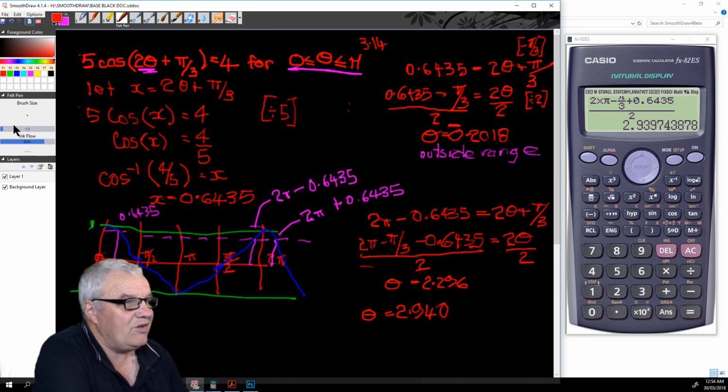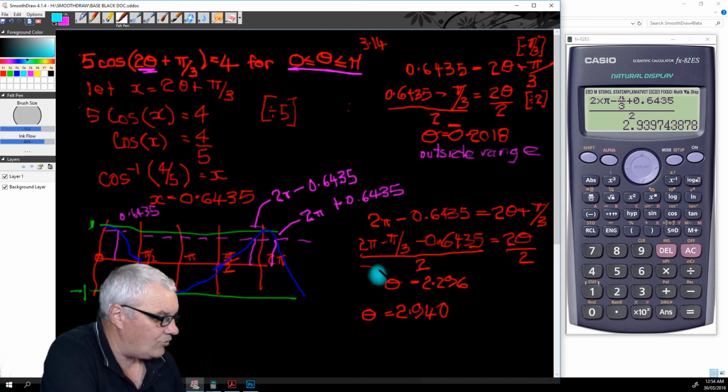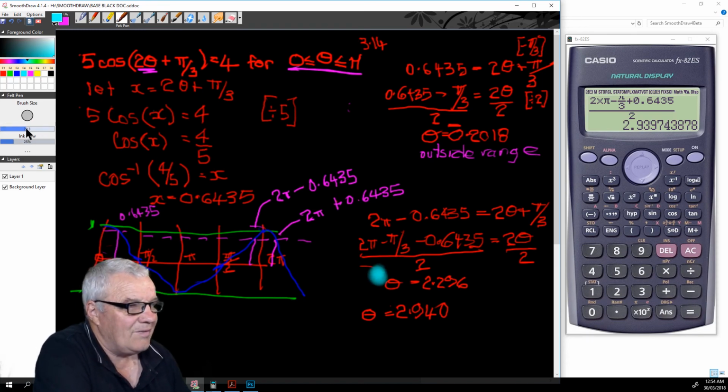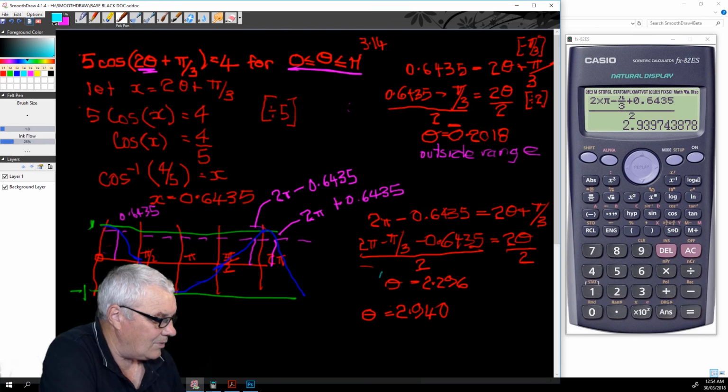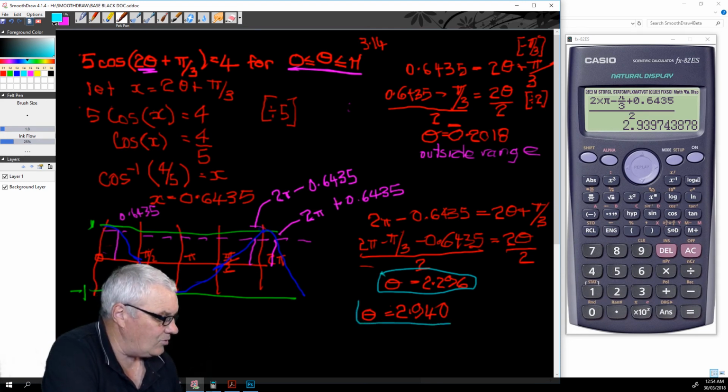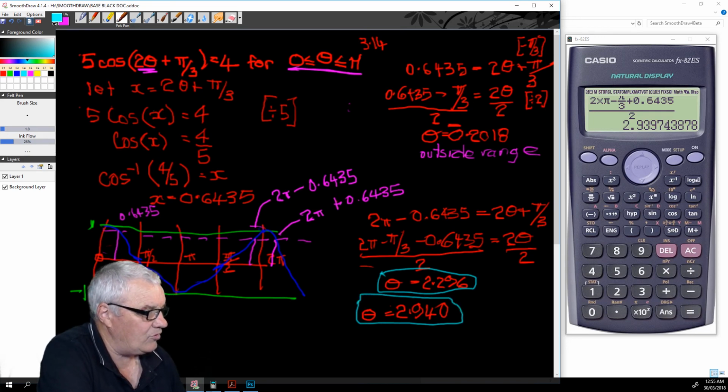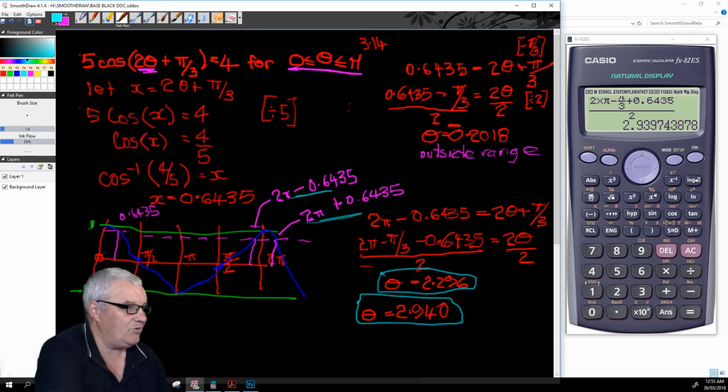So these here are the two solutions. So that's solution 1, theta equals 2.296, and this is solution 2 here. And these are the solutions where x equals there.